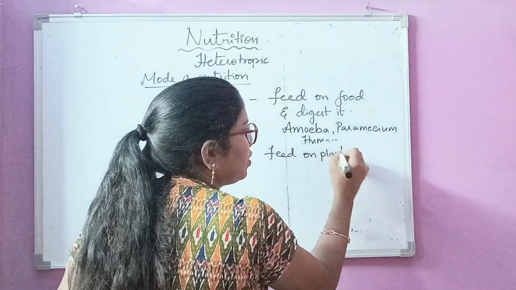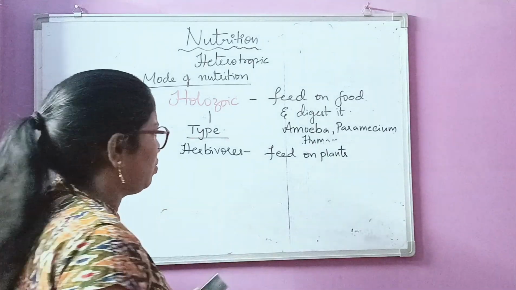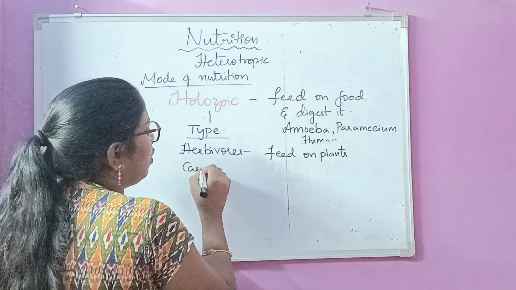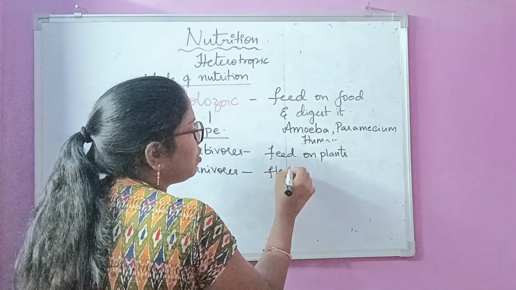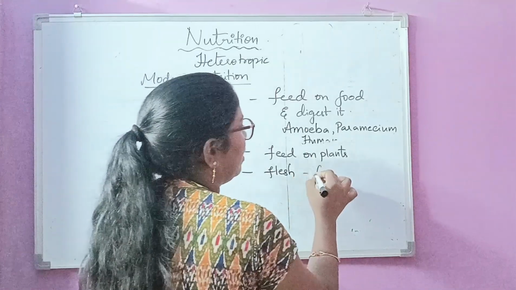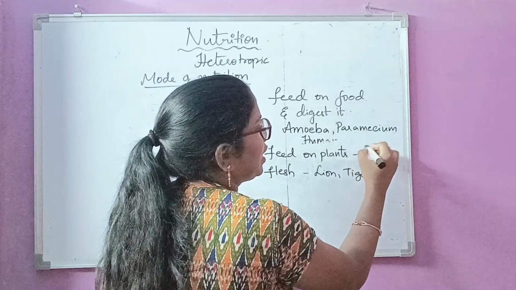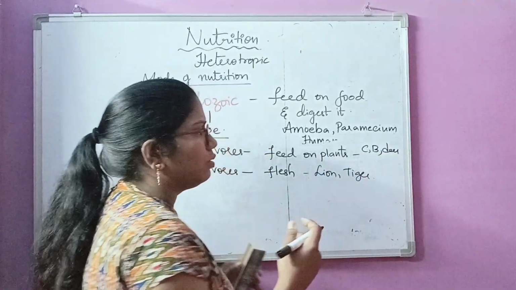For example, deer, cow, buffaloes, goat, which directly feed on plants. Carnivores are the ones which eat the flesh of other animals, for example lion, tiger, fox.